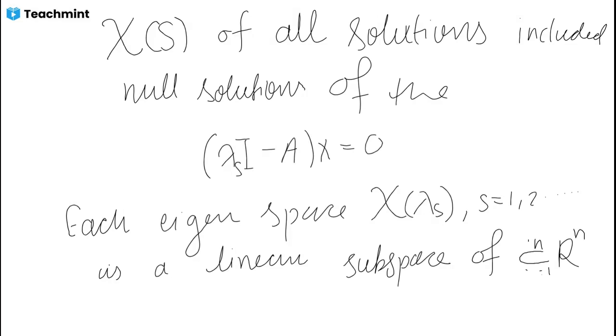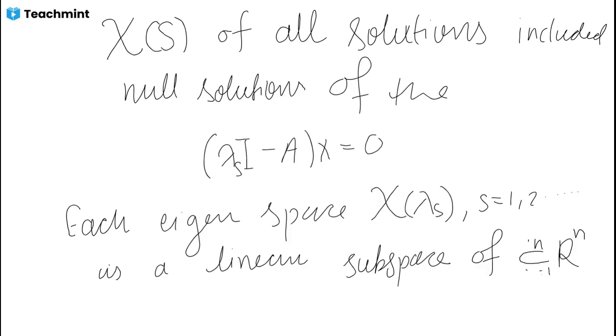Rn has all possible vectors, and chi lambda s is only one part of that, which is why we call it a subspace. For example, if we had a third value of lambda, whatever solutions we got from that would also be a linear subspace of R2. Yes, exactly. You got it?